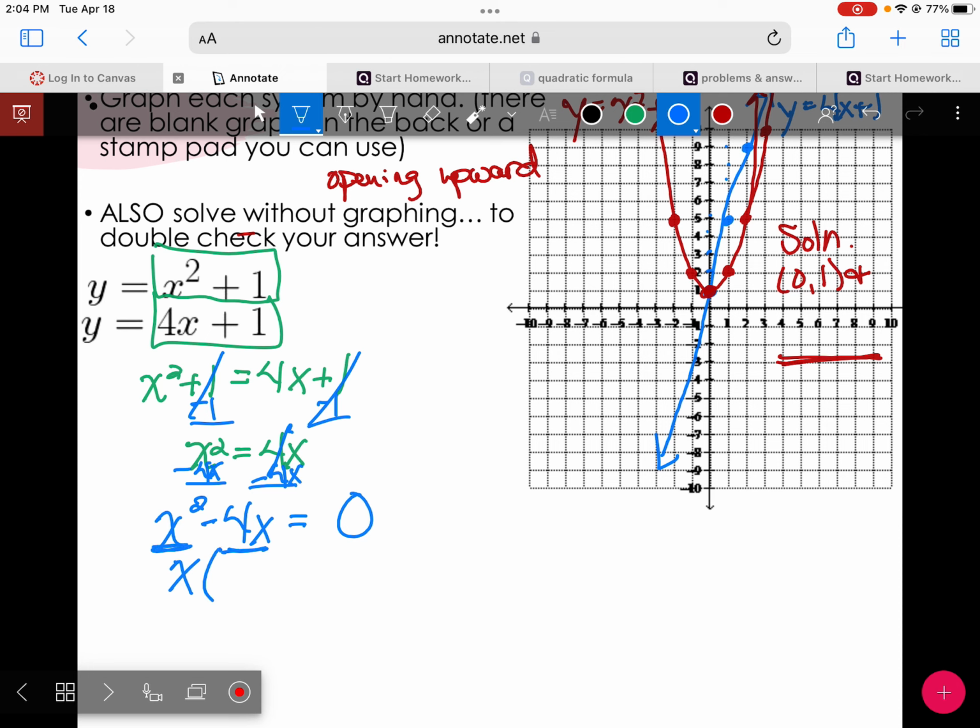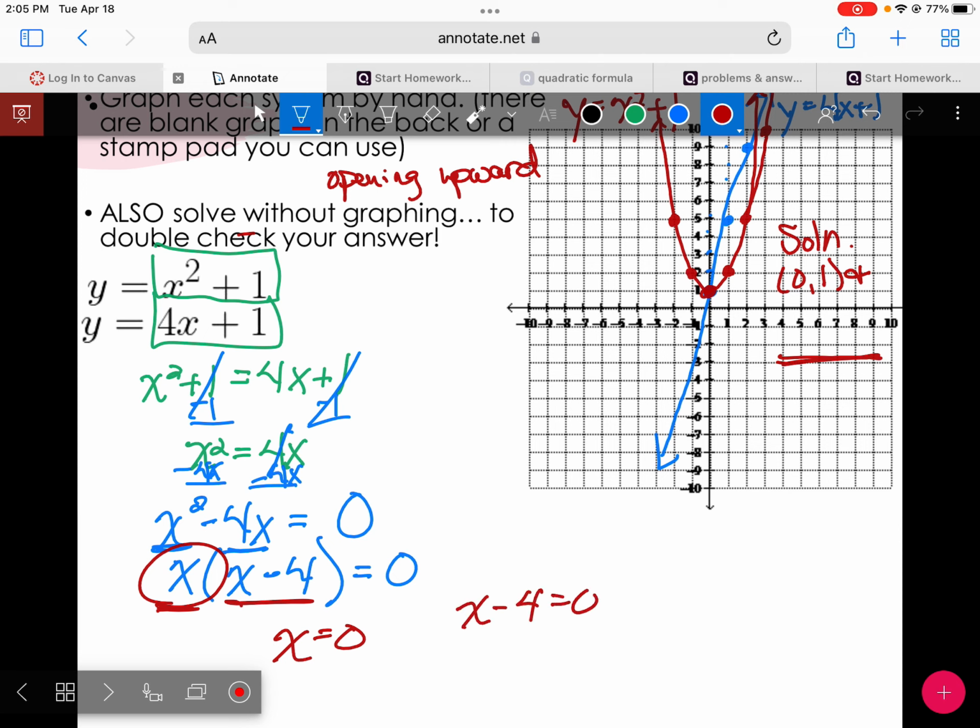So when I factor out x, I get x times x minus 4 equals 0. This is a factor and this is a factor. This tells me x equals 0 is going to be one of my solutions, and x minus 4 equals 0. Add 4, x is equal to 4.